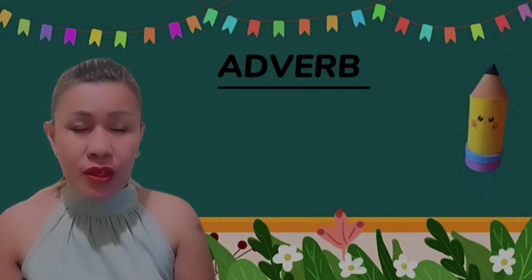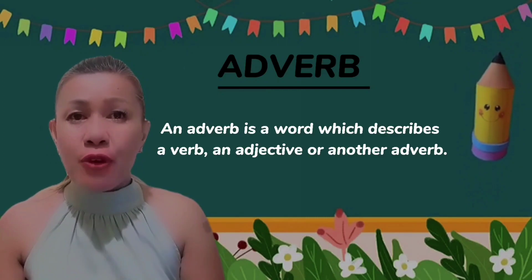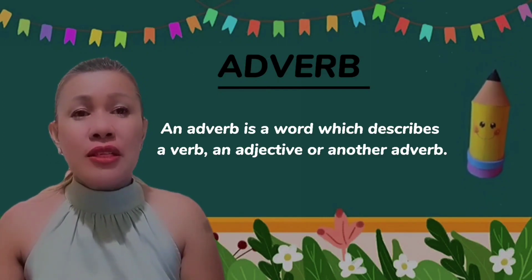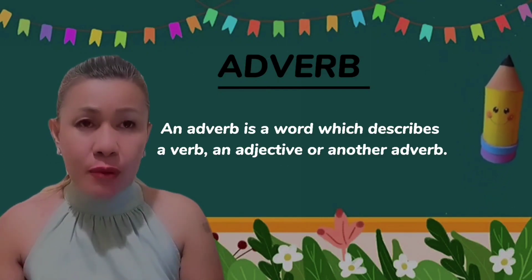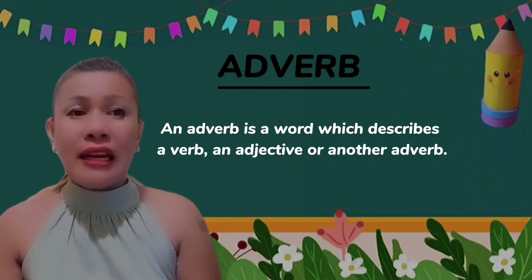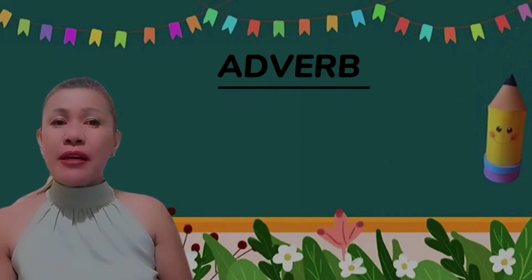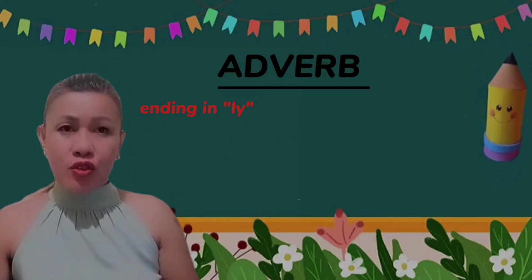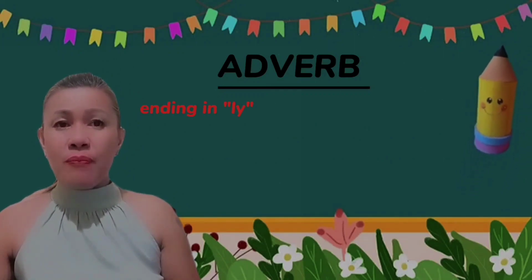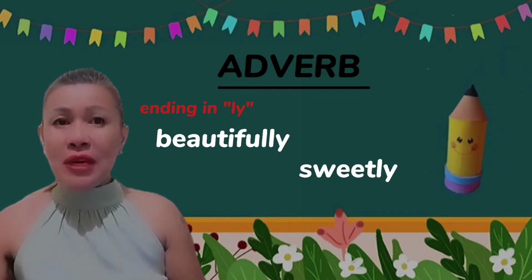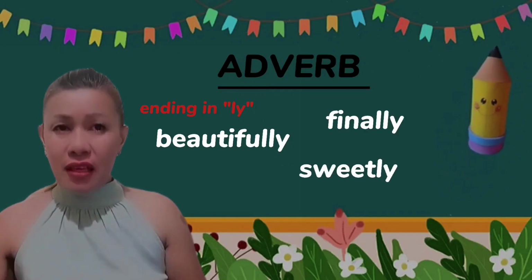Okay, moving on. Another way to begin our sentence is by using an adverb. What's an adverb? An adverb is a word which describes a verb, an adjective, or another adverb. Most commonly, adverbs end in ly. So, for example, you have the words beautifully, sweetly, finally.